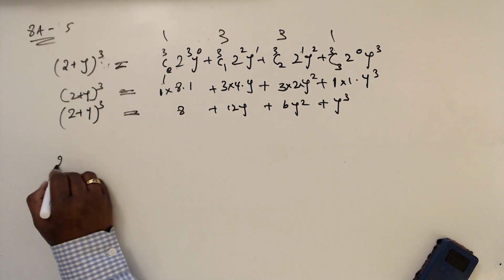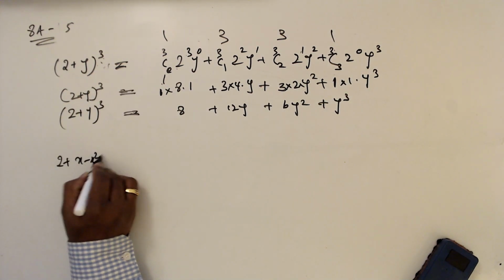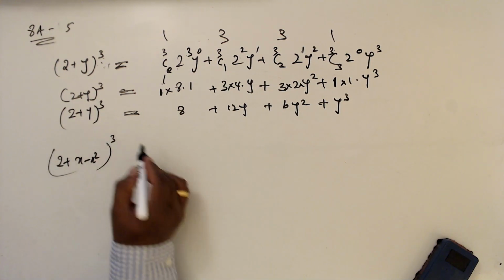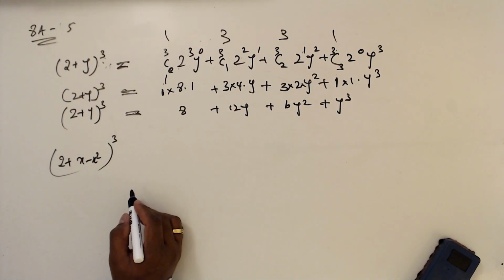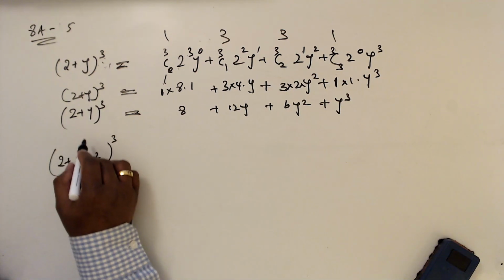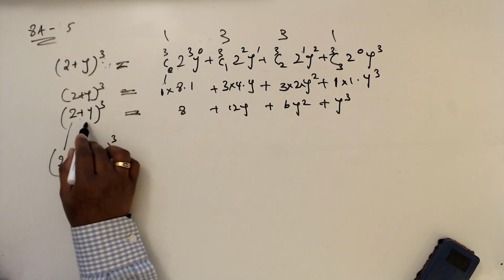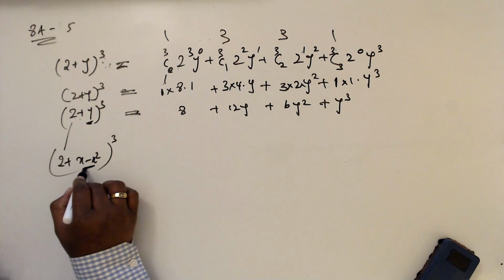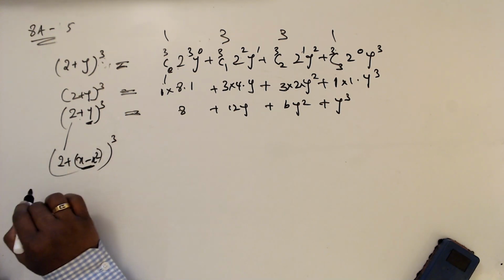Now we want to expand (2 plus x minus x squared) cubed. Instead of y you can put x minus x squared.